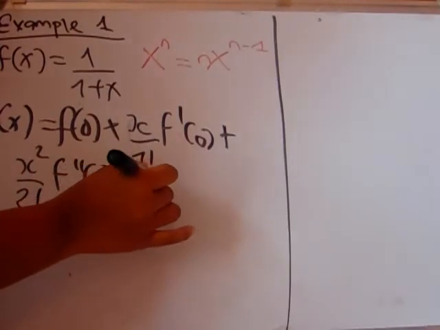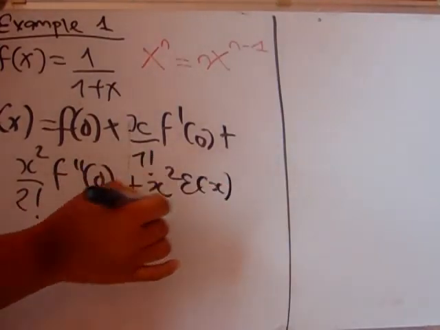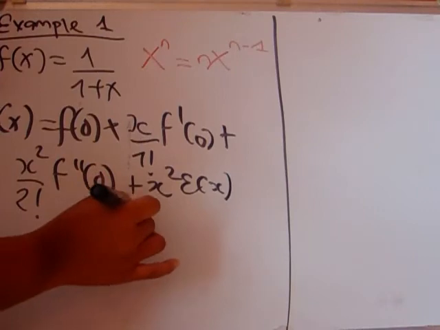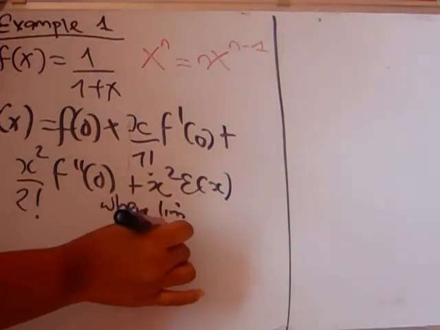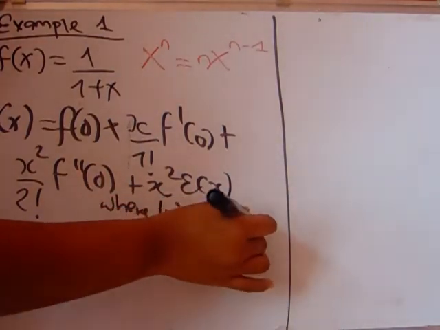So I know f of x is equal to f of 0 plus x over 1 factorial f prime of 0 plus x squared over 2 factorial f prime prime of 0 plus x squared epsilon of x, where the limit when x tends to 0 of epsilon of x is equal to 0.